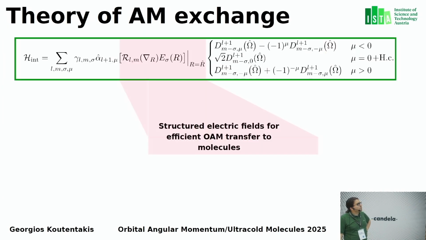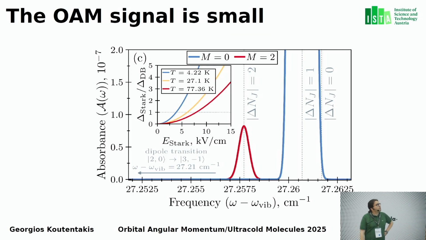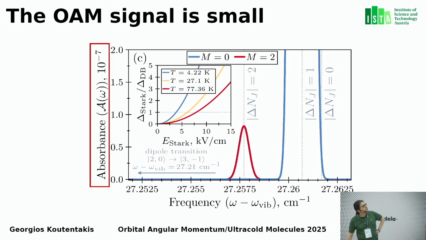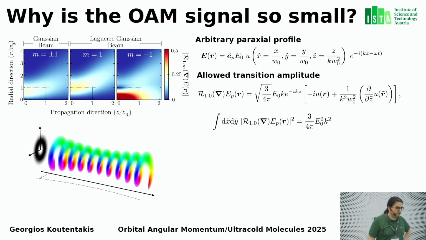Now, after doing all this, we tried to optimize the field. Why did we do that? Because we have a small problem. If you do not see the small problem, it's here on the axis. You can see that the absorbance is 10⁻⁷. There is a simple reason for this, and we need to get a little into the mathematics.